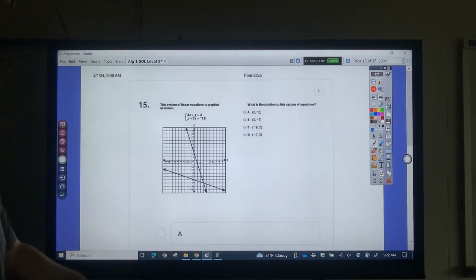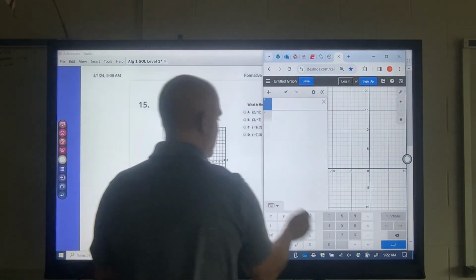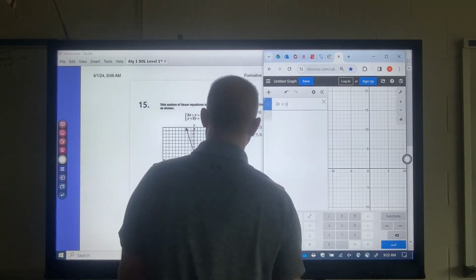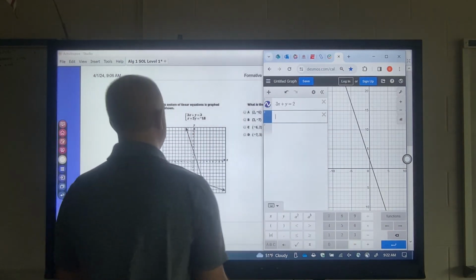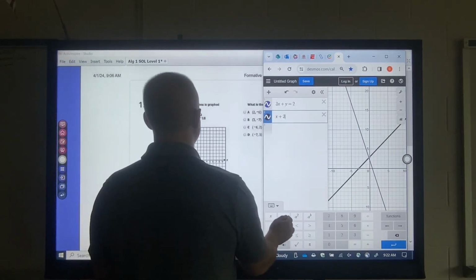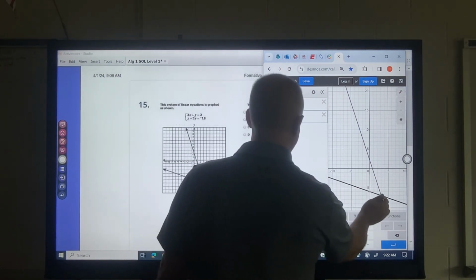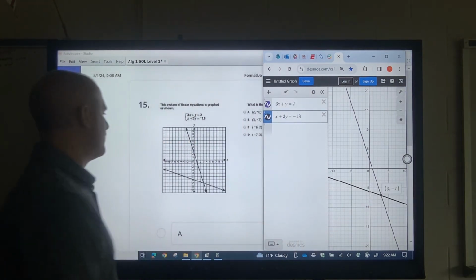All right, what's the solution? Now, you can do this two ways. You put this equation in. You almost don't even need to really think about it. That's 3, negative 7.